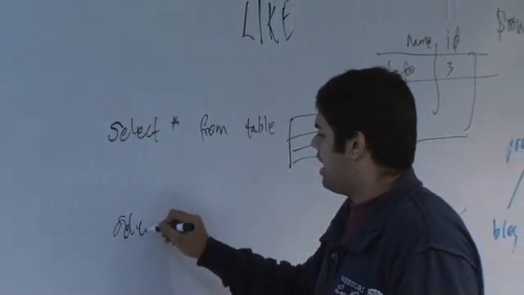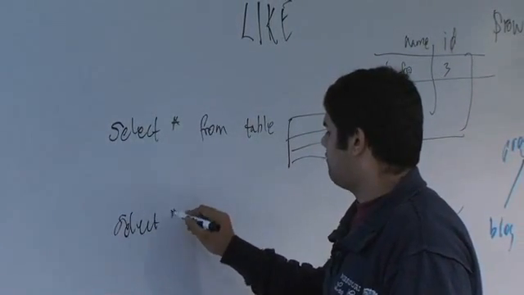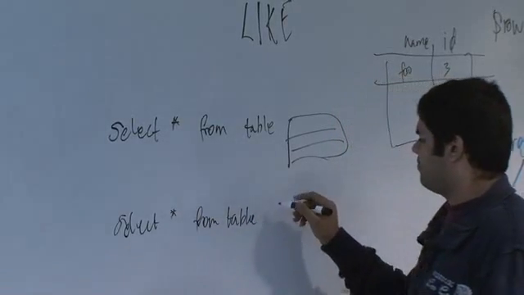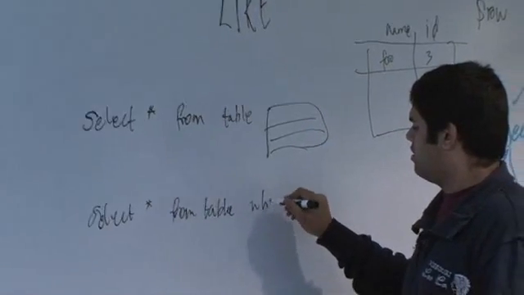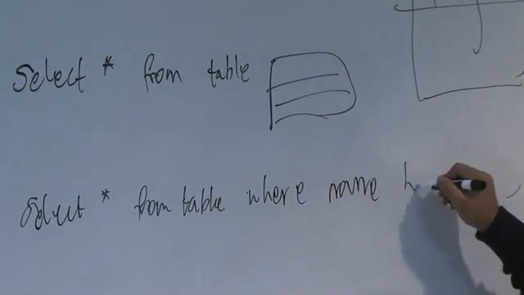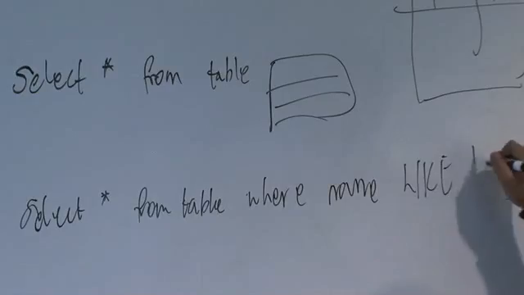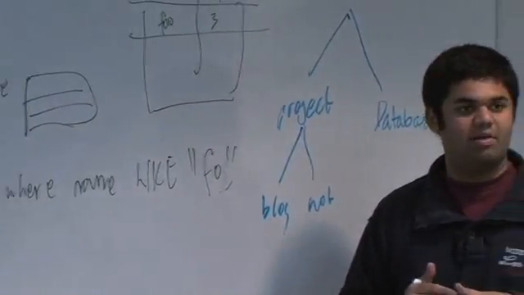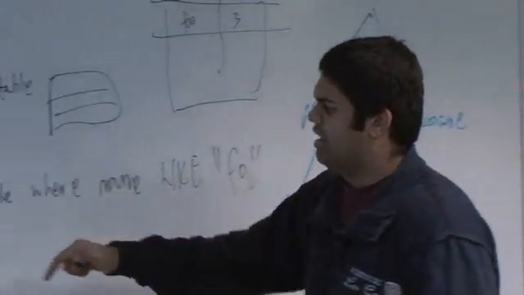Select star from table where name like FO. This is basically just like your equals operation.